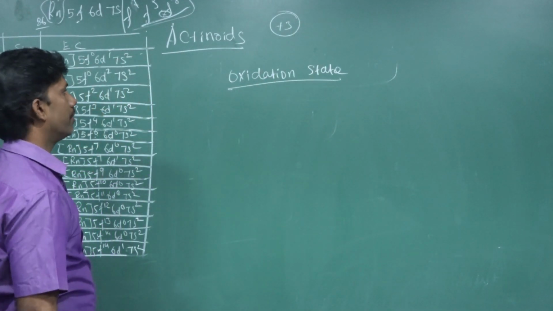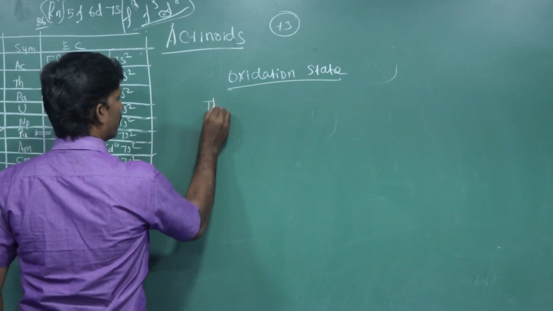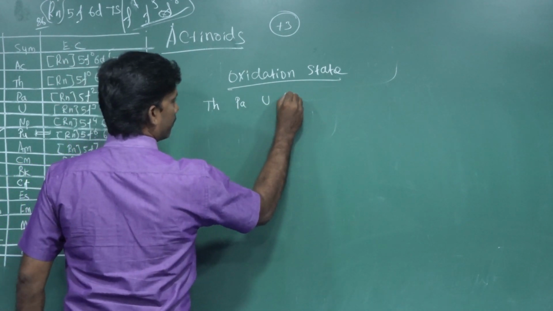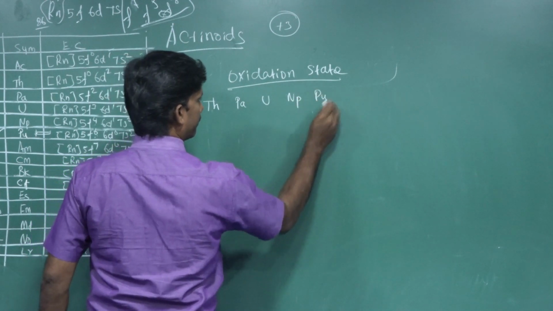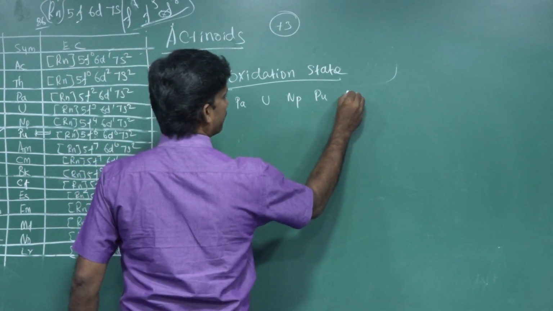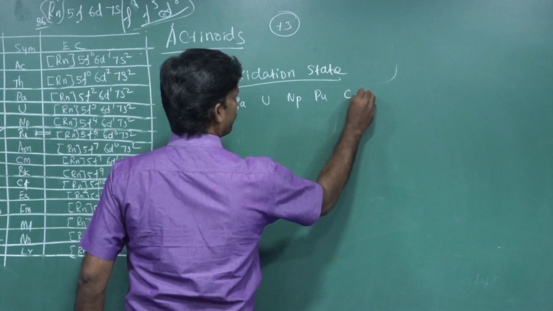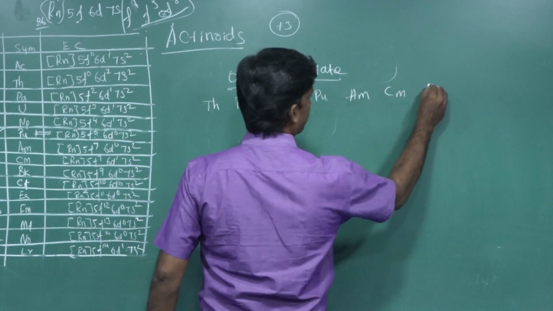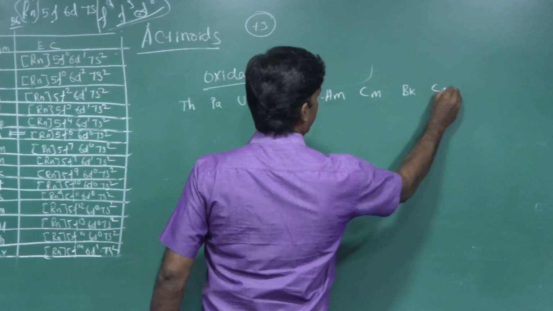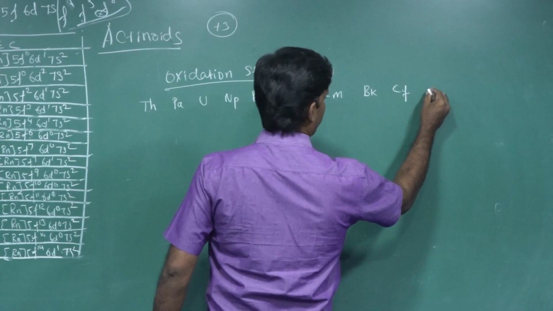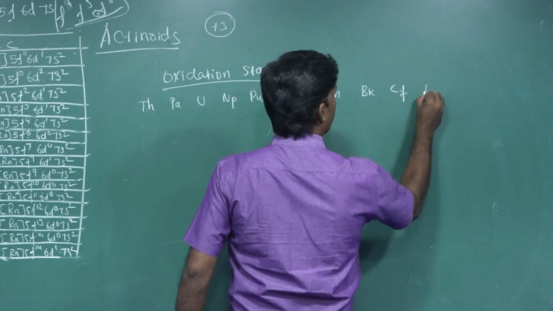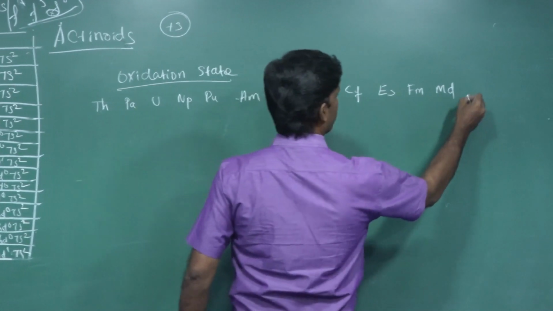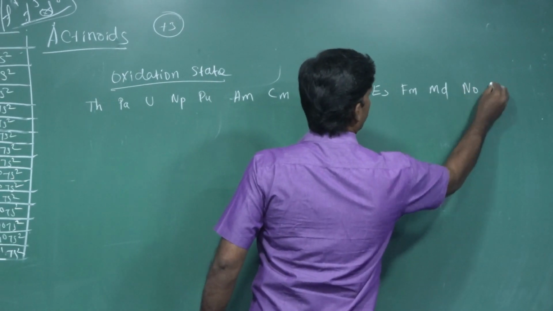Let us see how they are: uranium, neptunium, plutonium, americium, berkelium, californium, einsteinium, fermium, mendelevium, nobelium, and lawrencium.